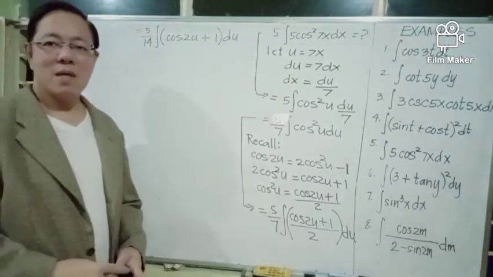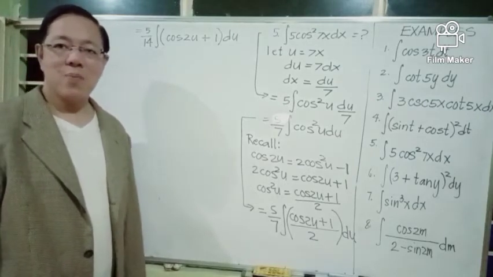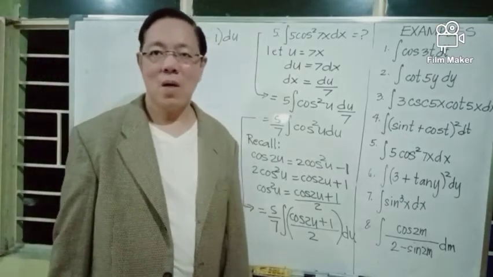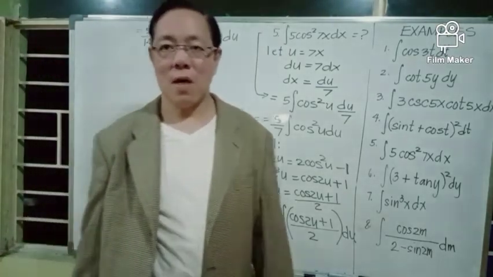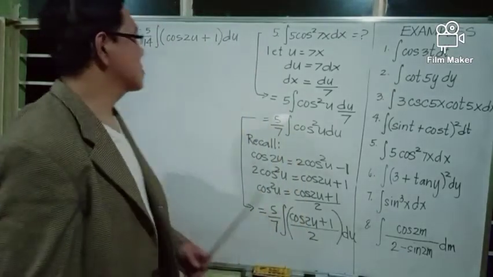And we apply again the integration rule for the integral of a sum of two functions. The integral of a sum of two functions is equal to the sum of the integrals of the two functions.